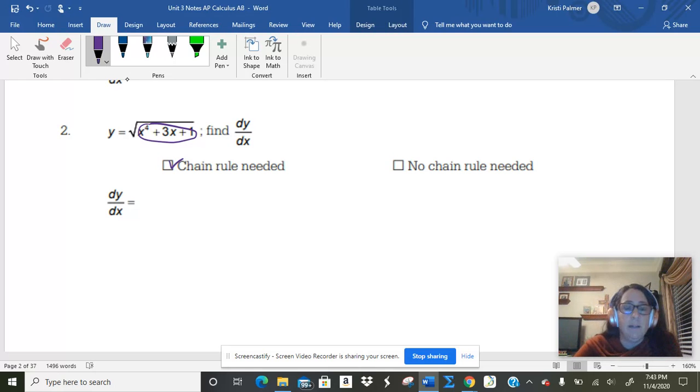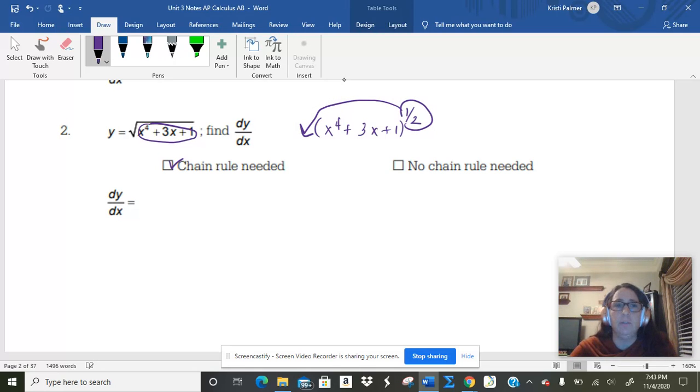So I'm going to take the derivative of the outside function. So here you might even rewrite it with the power instead of the radical. So the derivative of the outside function is a power rule. So that's 1/2, leave the inside alone, and then subtract 1.